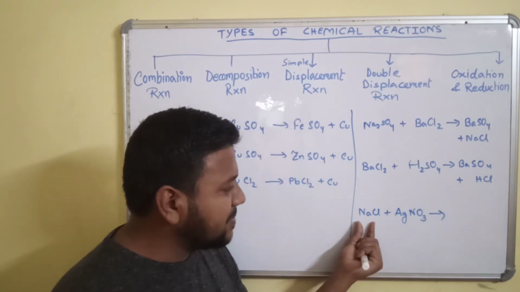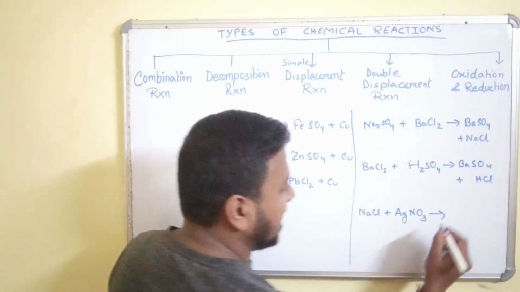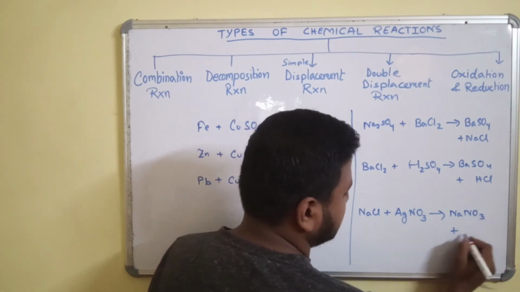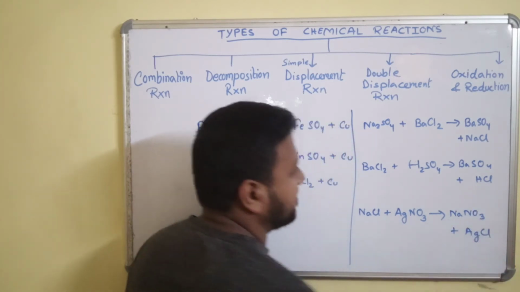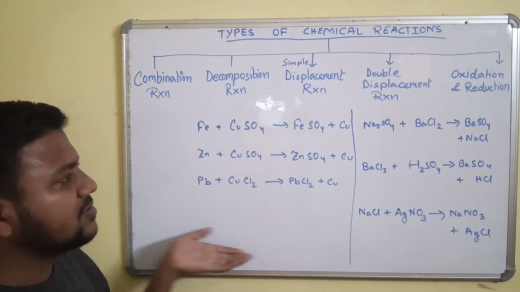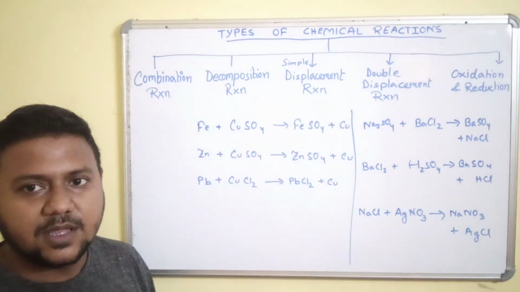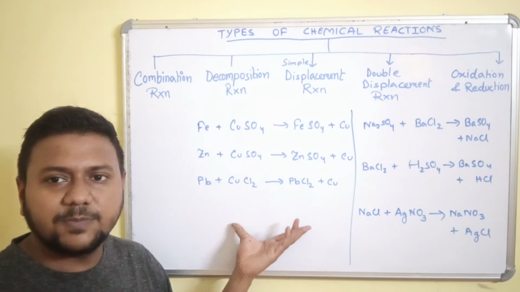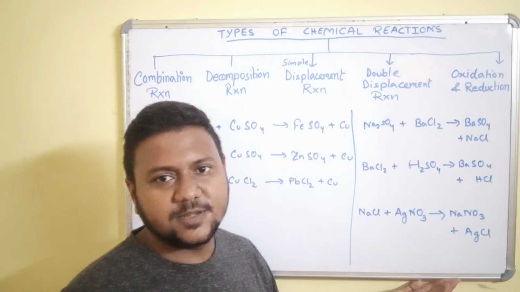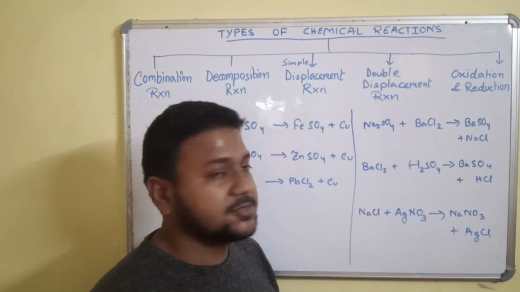Na will replace silver and silver will take the position of Na. So what will happen? NaNO3 plus AgCl. So this type of reaction where we see a replacement is called a displacement reaction. Where we see a single replacement, it is called a simple displacement reaction, and where we see a double replacement, we call it a double displacement reaction.